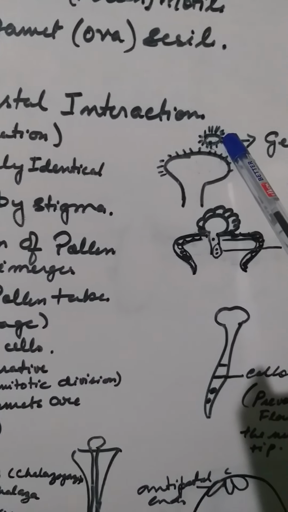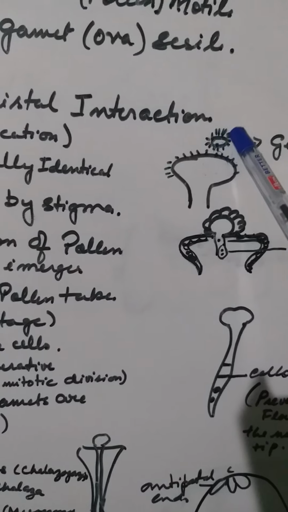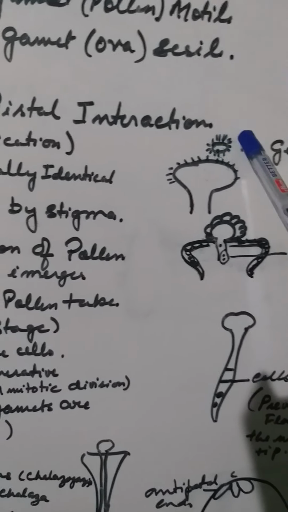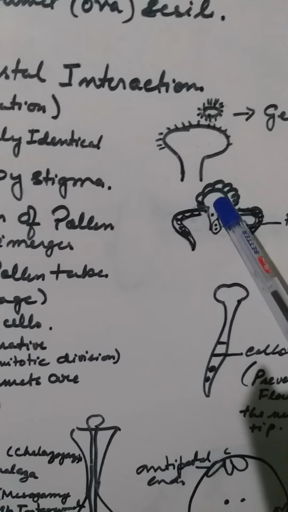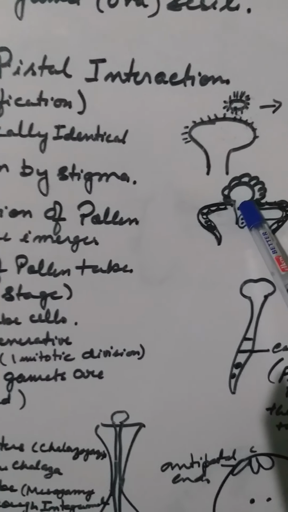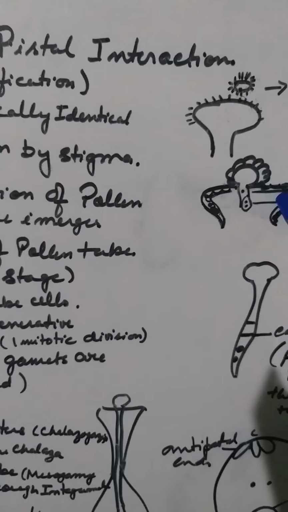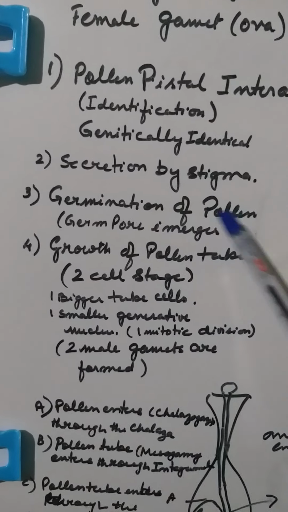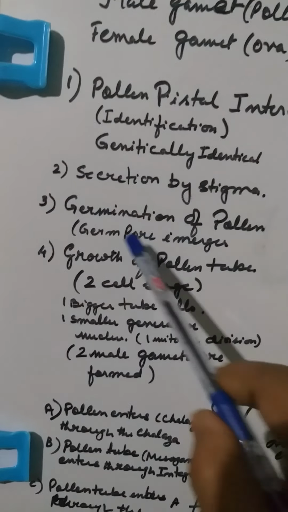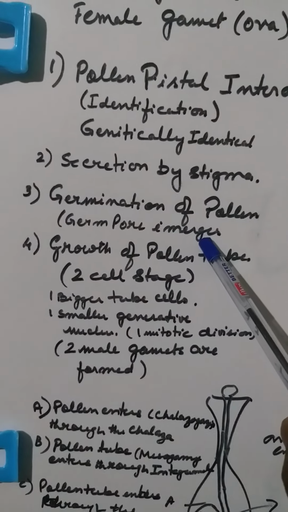The exine is very tough, and the pollen tube cannot attach or germinate from the exine. So a small opening, known as the germ pore, is there, and through that germ pore a small pollen tube develops. The third stage here is the germination of the pollen, and it is through the germ pore that it emerges.